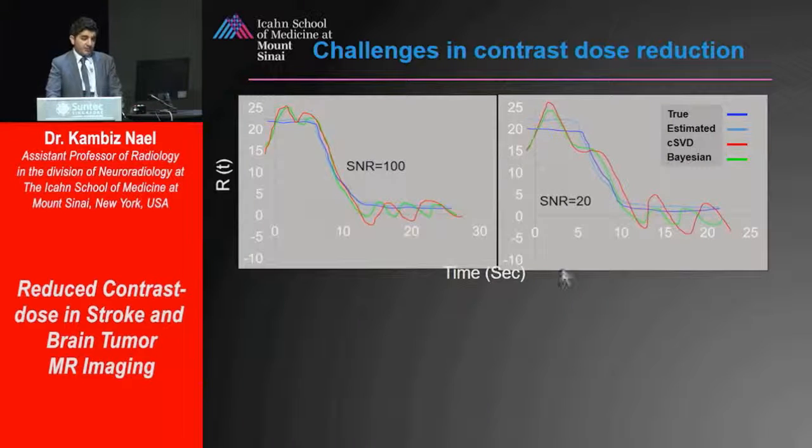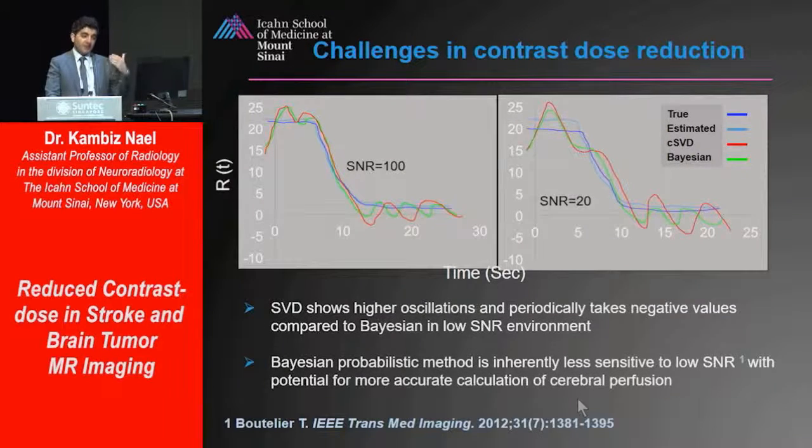I have here an estimation of cerebral perfusion in 2 different SNR settings, a high SNR setting and a low SNR setting. And you can see, if you compare the SVD deconvolution technique with another technique, which is Bayesian, and that's where I'm going to spend most of my time tonight, SVD deconvolution in low SNR setting shows higher oscillation and periodically takes negative values when it comes to baseline compared to the Bayesian technique.